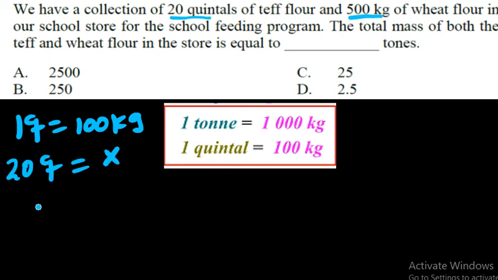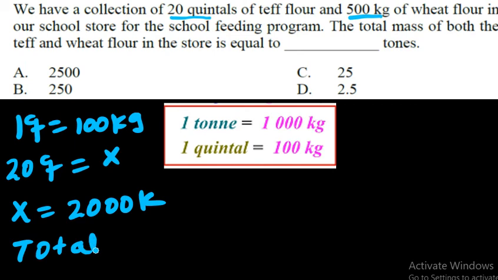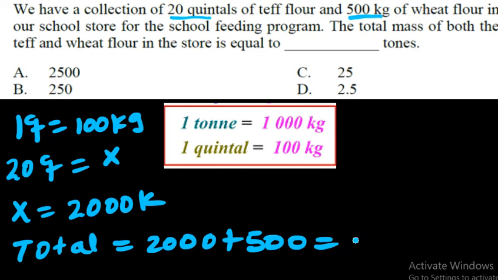By crisscross multiplication, the x value will be 2000 kilograms. So the total mass that we have will be 2000 plus 500, which is 2500 kilograms. We do have this much.